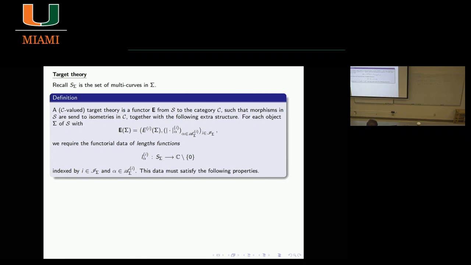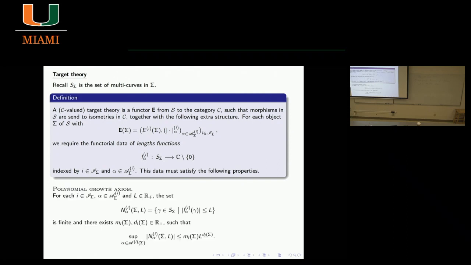Okay. But in general, you just say, I have this abstract gadget here, such that 3 axioms have to be satisfied. Here's the first one. And that's, of course, also inspired by hyperbolic geometry. It is namely the polynomial growth axiom. It says for any I and for any alpha in the set of seminorms on the ith space, and for all capital L positive real, you consider the following set.